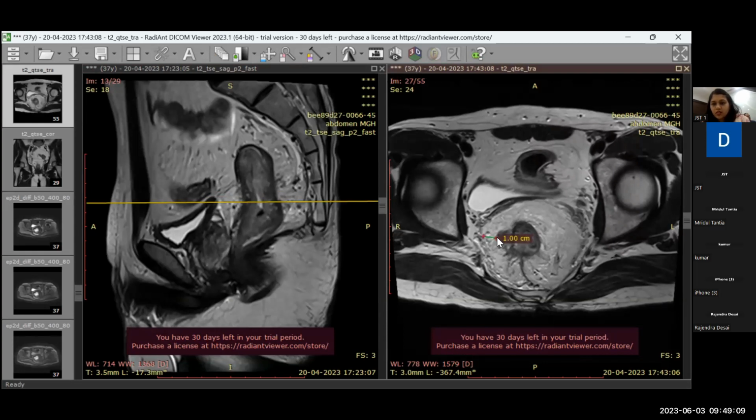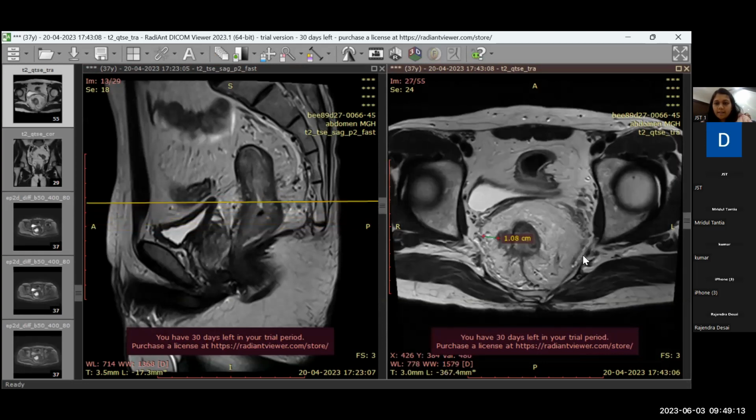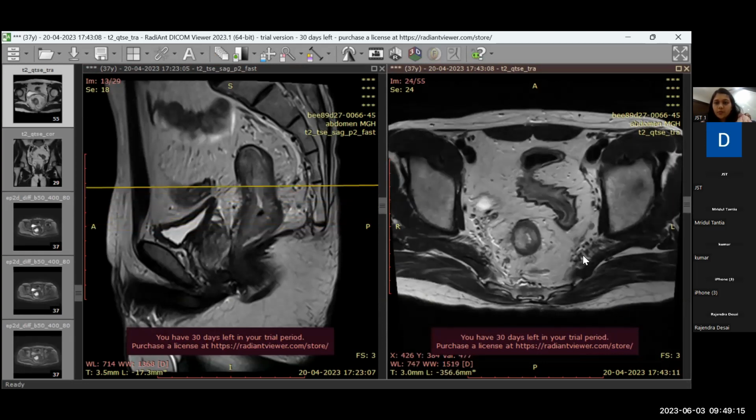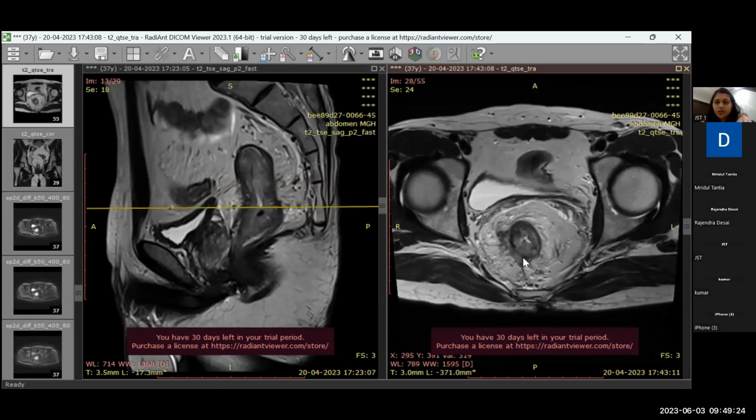So this is the most invading portion. And further above, we can see the anterior peritoneal reflection here clearly. The tumor is below the anterior peritoneal reflection.